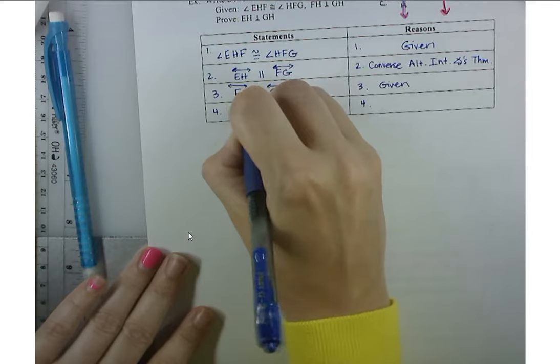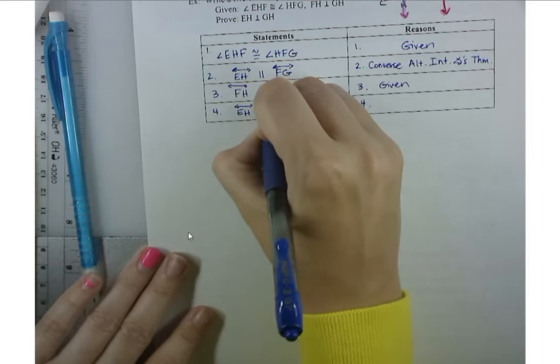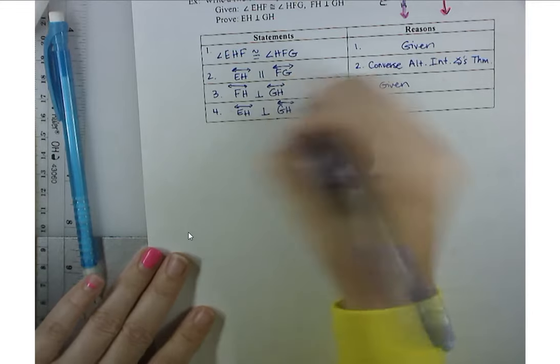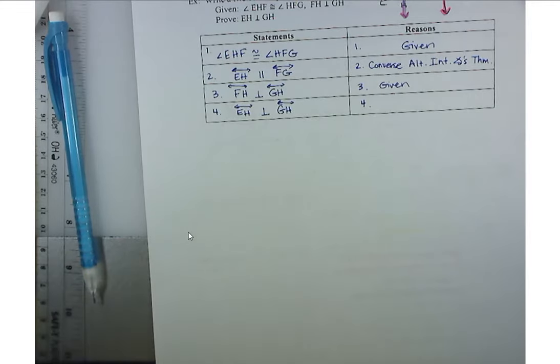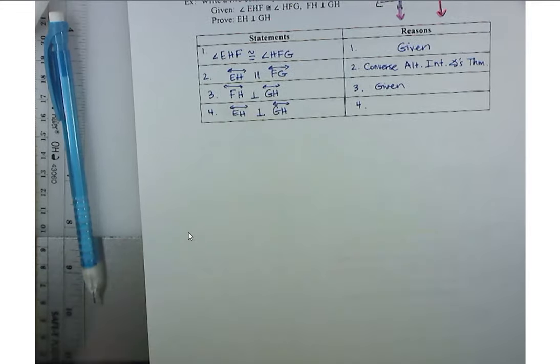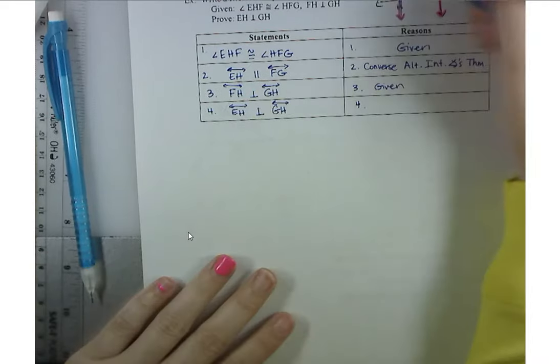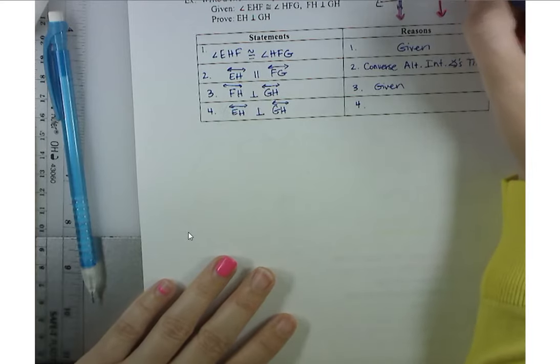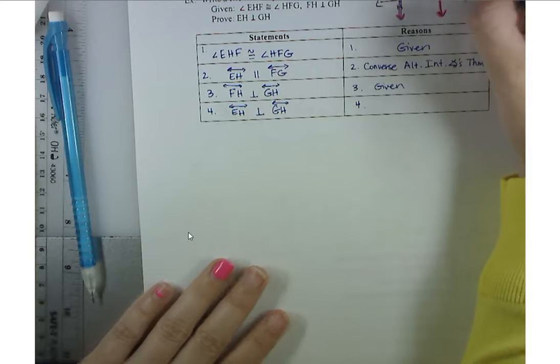And that's that EH is perpendicular to GH. So if it's given that FH is perpendicular to GH, I do already have that marked off here, but I am just going to do it again.